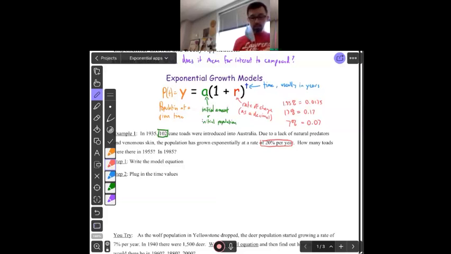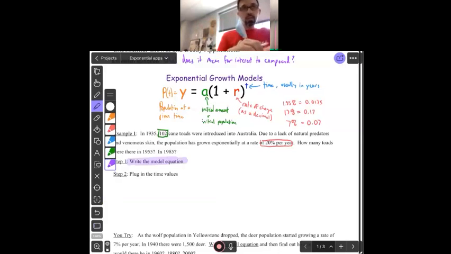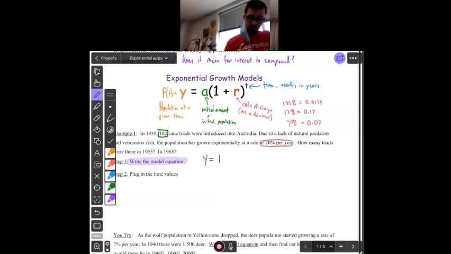Before we do anything else, what I have you guys do is write what's called a model equation. This is something I'm going to do with you guys today. It's something I'm expecting you to do on your homework, and it's going to be expected on your quiz. Write this in a very specific way. What a model equation is going to look like is y equals, or P of t equals, we're going to take that A value, 102, times 1 plus that R value, but R is a decimal. 20% as a decimal is 0.2 or 0.20.